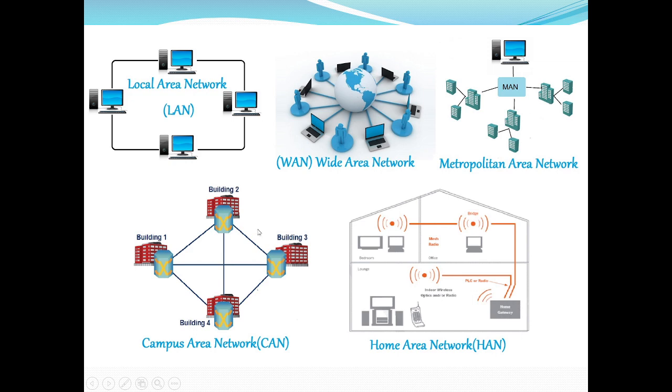All these buildings and their labs are connected with each other, and we can say it is a campus area network. In the PAN, personal area network, also called a home area network, many electronic devices at home are connected with each other, and this connection can be termed a home area network or personal area network.